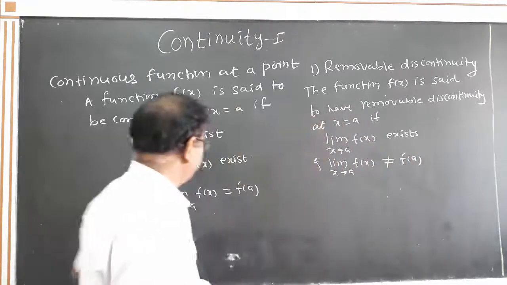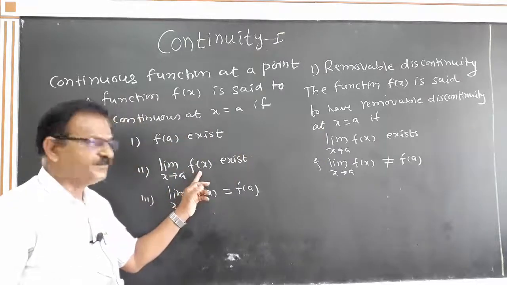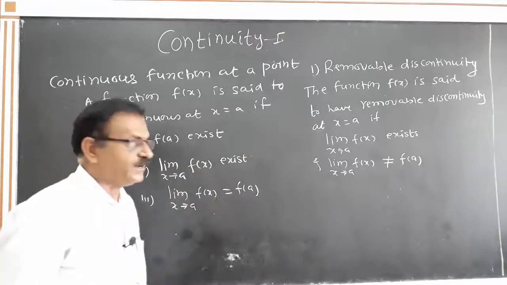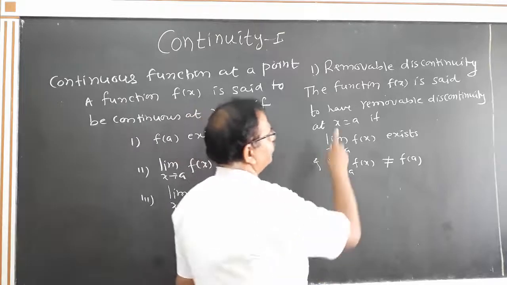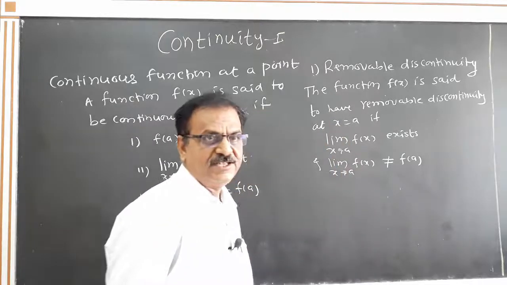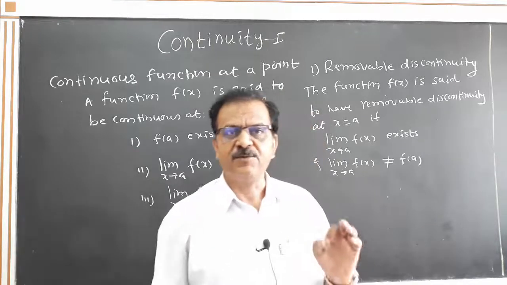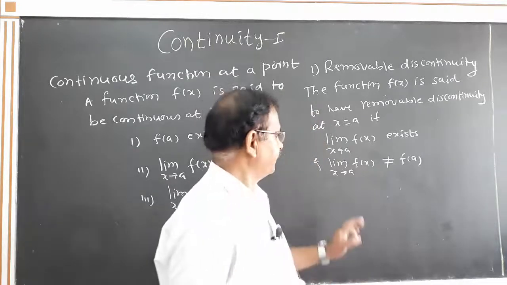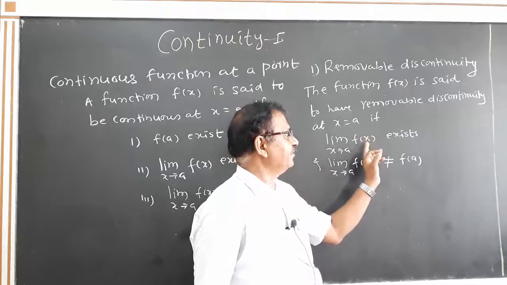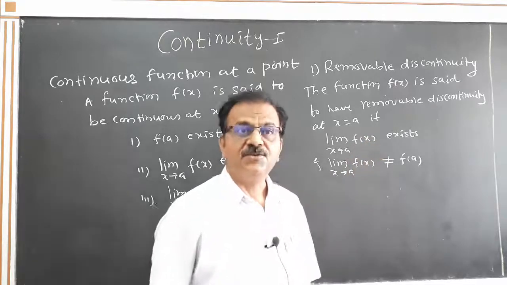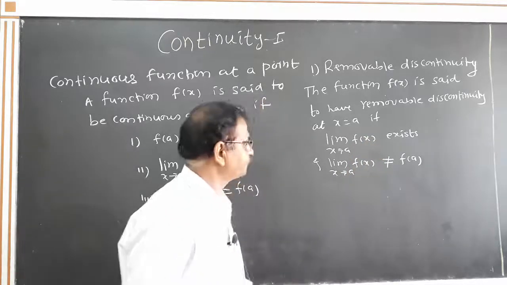That means if first and second condition satisfies but third condition is not satisfied, then the function is said to have removable discontinuity. This type of discontinuity can be removed by redefining the function at x equal to a, that is f of a.